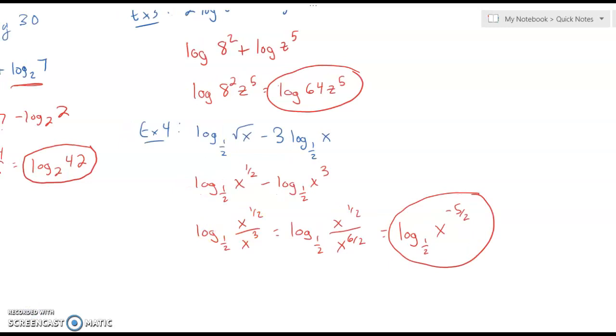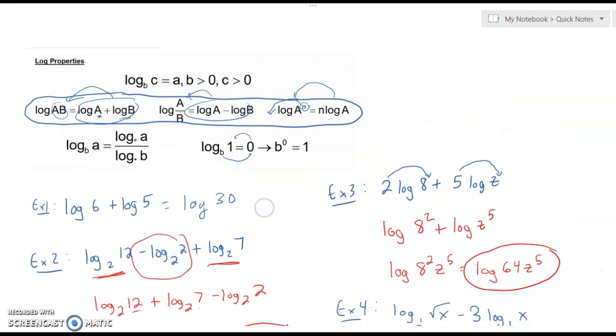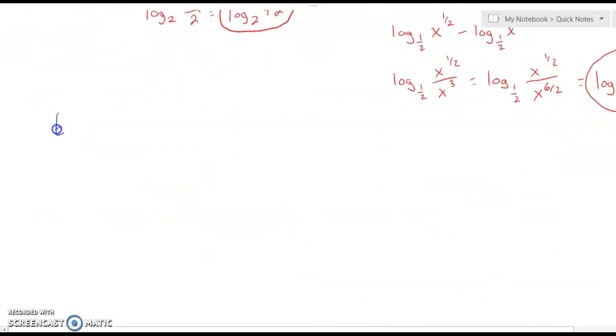So let's look at one more that's a little bit more complicated. Let me grab my pen again. All right, so in our 5th example, let's go with this one: 4 log of z plus log of z plus 5 minus 2 log of z minus 5.